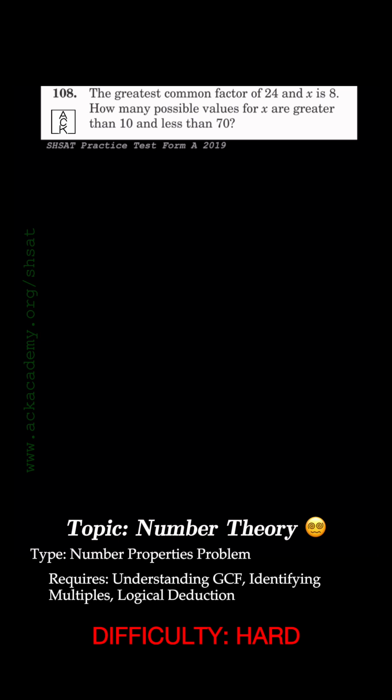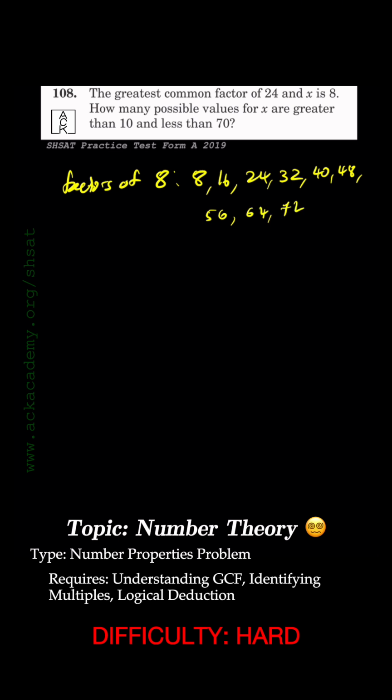So let's see. First, let's find the factors of 8. Okay, so what are the factors of 8? So you have 8. These are not all the factors, but these are some of the multiples of 8.